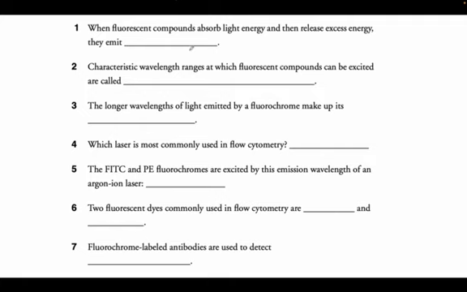So there are some questions based on this section of flow cytometry. When fluorescent compounds absorb light energy and release excess energy, they emit photons. The characteristic wavelengths at which fluorescent compounds can be excited are called the absorption spectra. This is either absorption or excitation spectra.